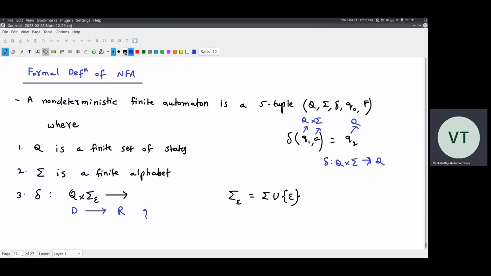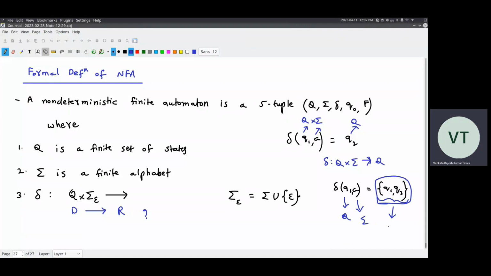But in NFA, what is the difference? Say delta of Q1 comma A may be a set, maybe Q1 comma Q2. Again, this comes from Q, this comes from sigma. Now this entire thing you should take as one element. You should not ask where Q1 comes from, where Q2 comes from. Output is always one for a function, not many. Now this entire element belongs to which set?